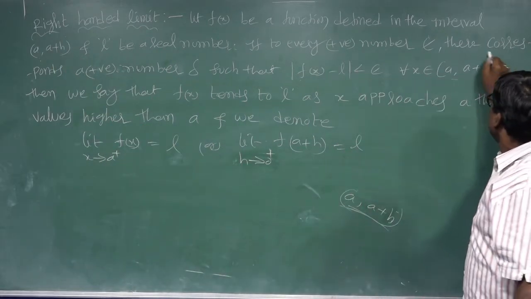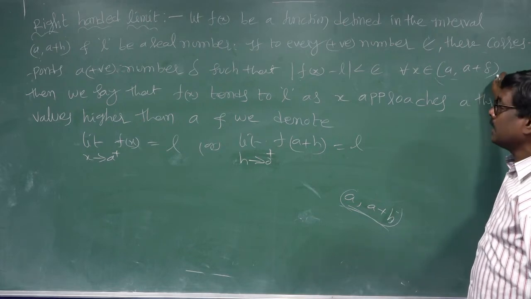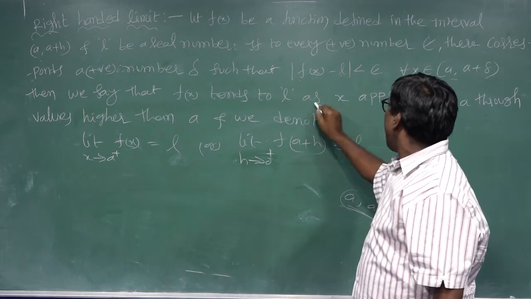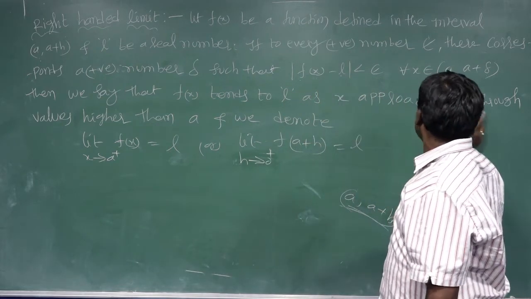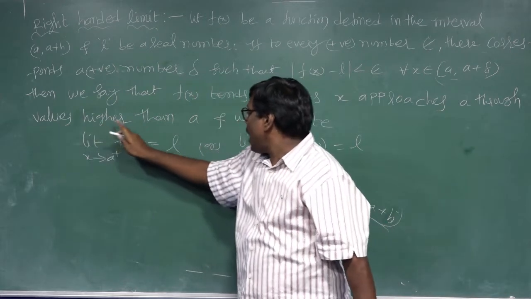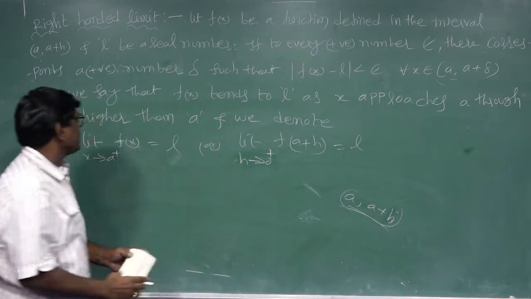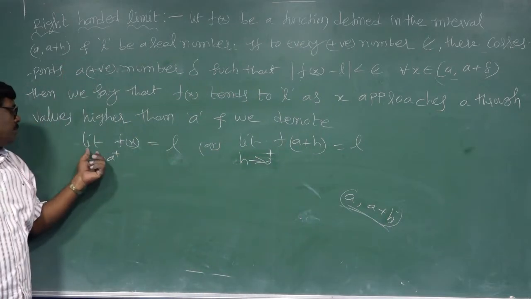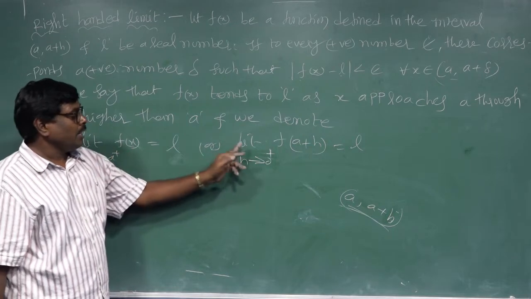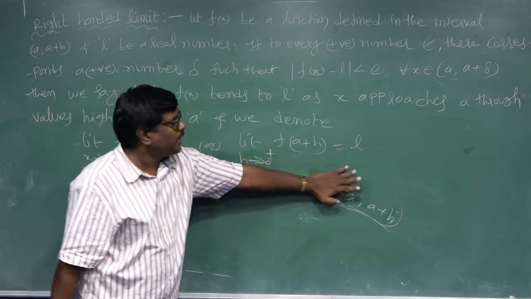This is the right hand side neighborhood A comma A plus delta. We say f of x tends to L as x approaches values higher than A. We denote this right hand limit as limit x tends to A plus of f of x equal to L, or limit h tends to 0 plus of f of A plus h equal to L.